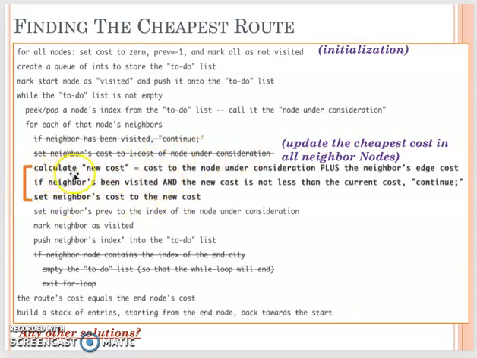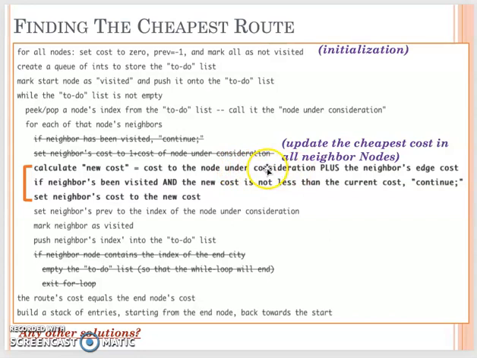We need to calculate the new cost. The new cost is equal to your considered node's cost plus the edge cost to the neighbor, using the database.